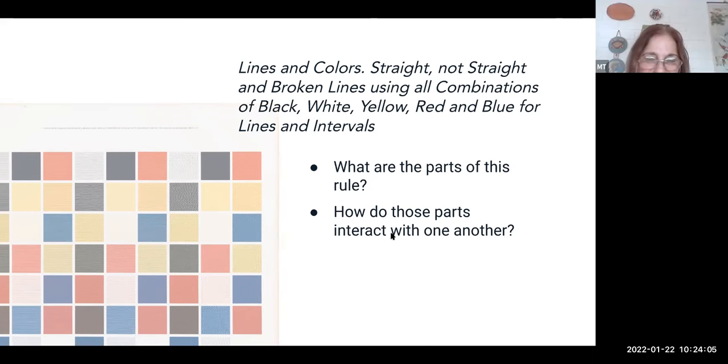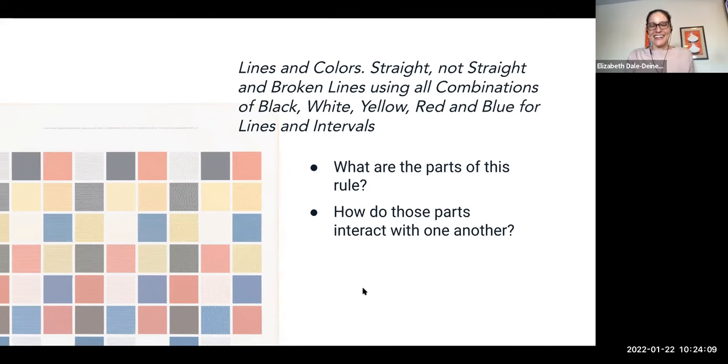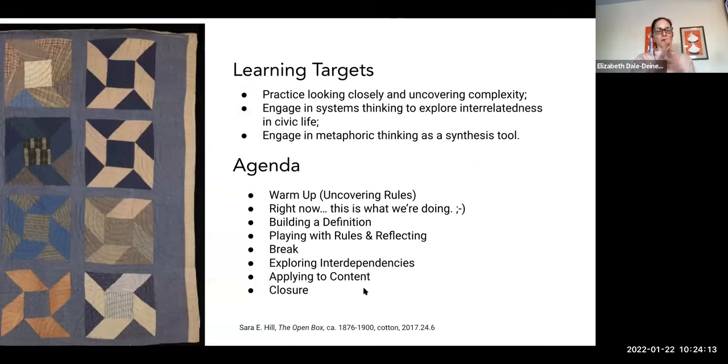Thank you. Happily we could spend more time looking at this artwork, but I want to keep moving because I want to make sure that we're really clear on what we're doing together today so that we can jump back into it. As you can see, my learning targets: we're going to be practicing some looking skills with the intention of uncovering complexity.